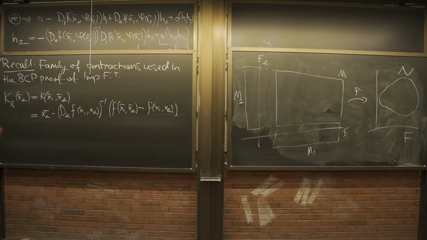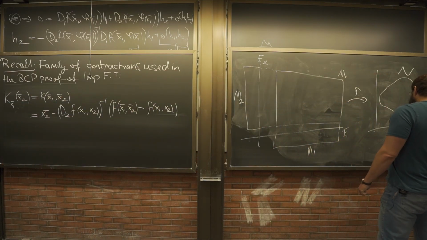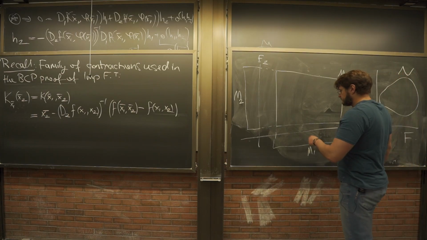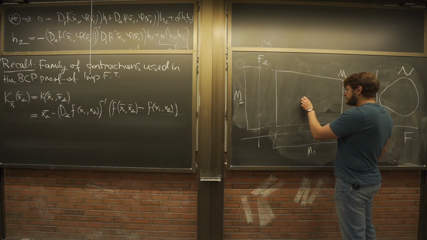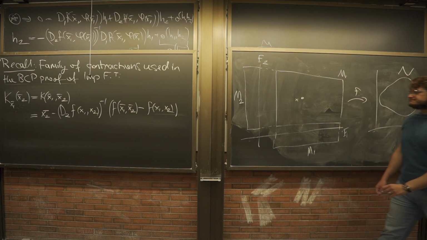Now I need a couple points. I have the initial point, x1, comma x2. So let's say x1, comma x2 is here. This is my initial point x.